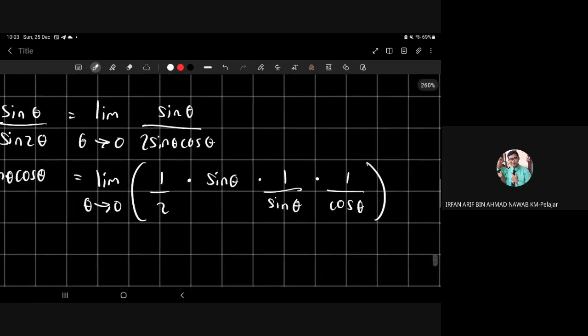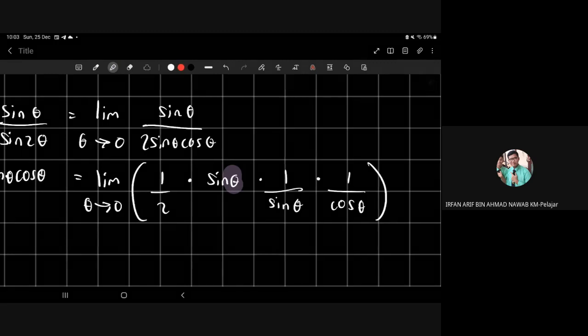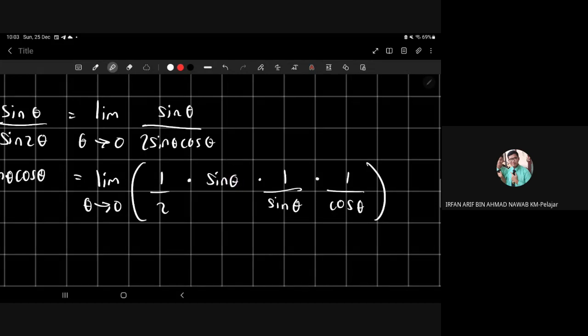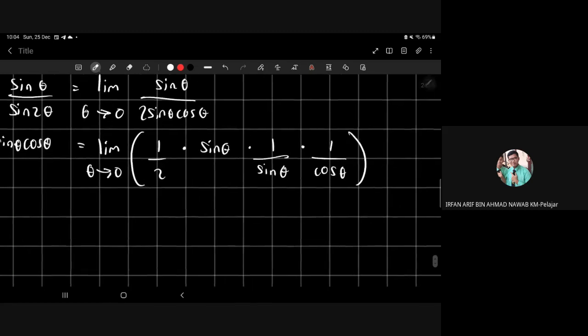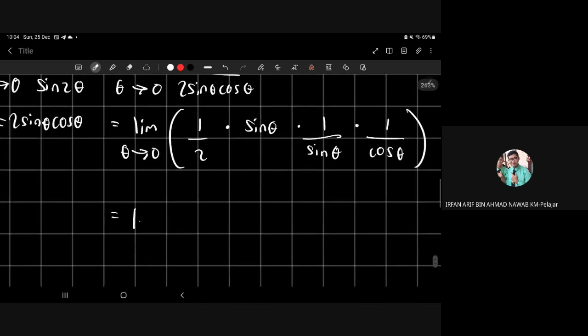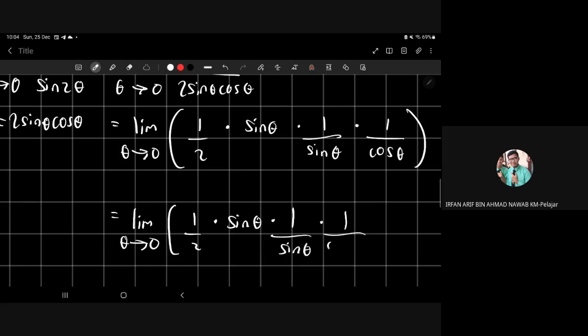Look at your theta here: there is no coefficient in front of it, like 2 theta or 5 theta, it's just theta. So you multiply by 1. The limit as theta approaches 0 of 1 over 2, times 1 over sine theta, times 1 over cosine theta, times theta over theta.